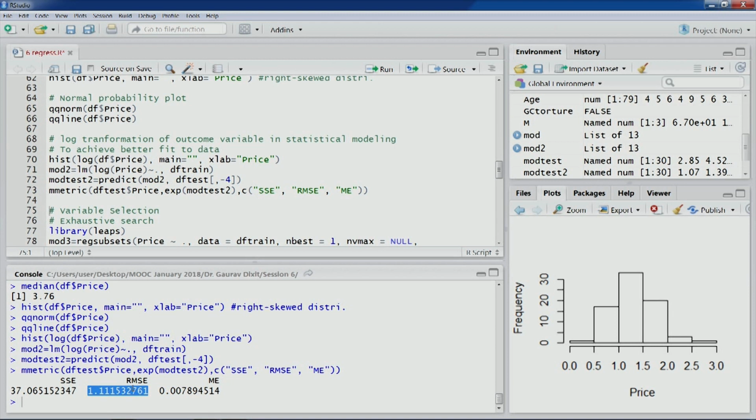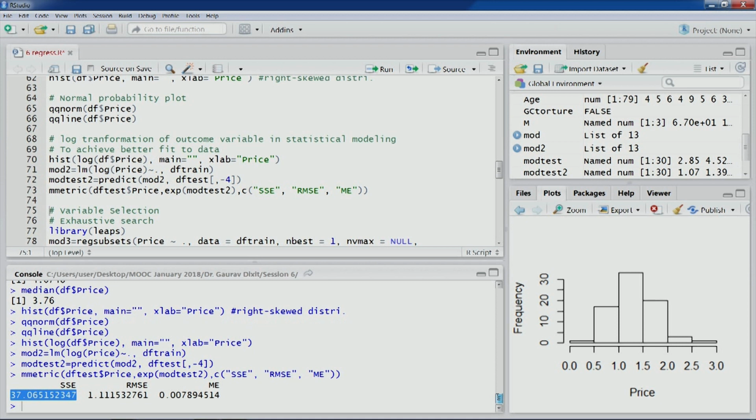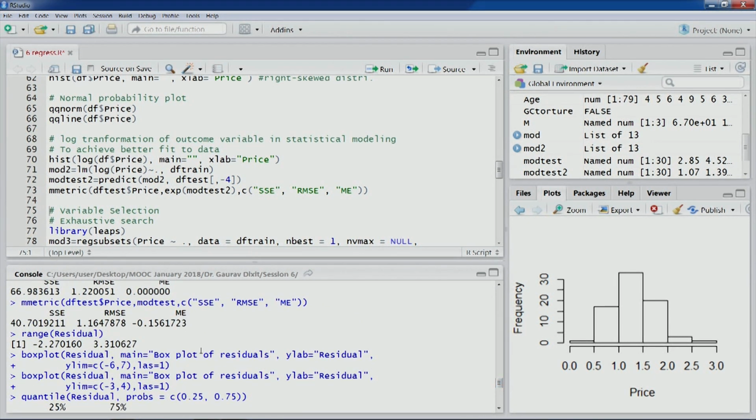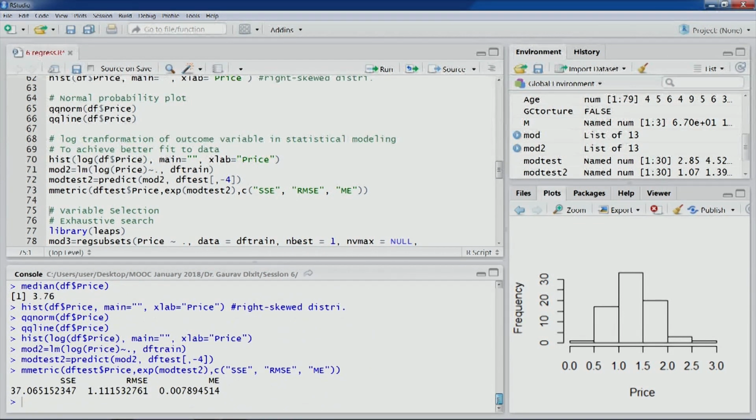But in this particular instance, even when we run a transformed model, when we transform our outcome variable, the model is doing even better. You can see that even the SSE value is lower than the previous value that we had. In this case it is 37, and the previous value was 40 here. So for the partition we have, after doing log transformation, we are getting even better results.